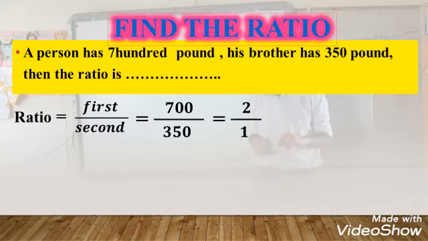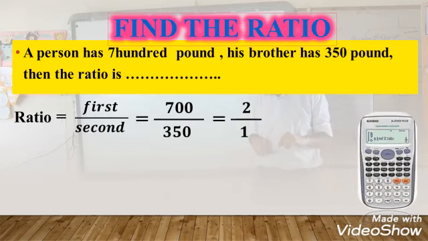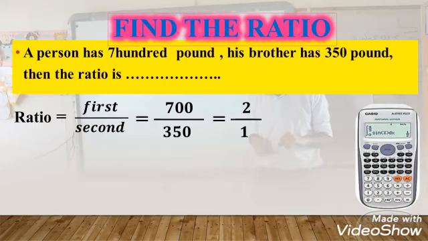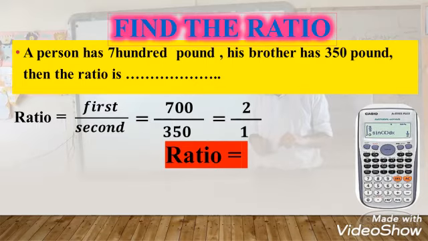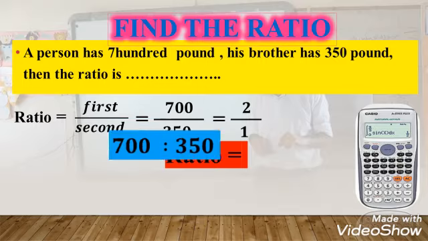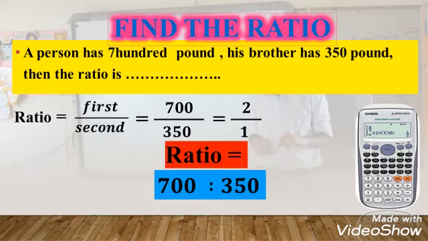The result will be 2/1. We can use our calculator to find this division operation, or we can calculate another way like this. Ratio equal 700 to 350, and we will simplify. The result will be 2/1.